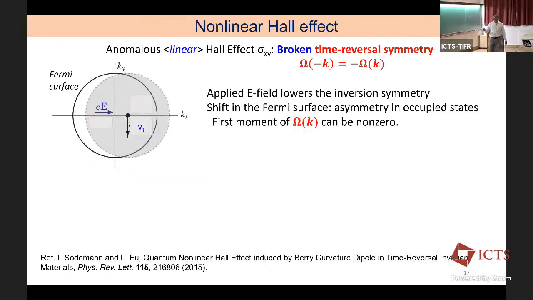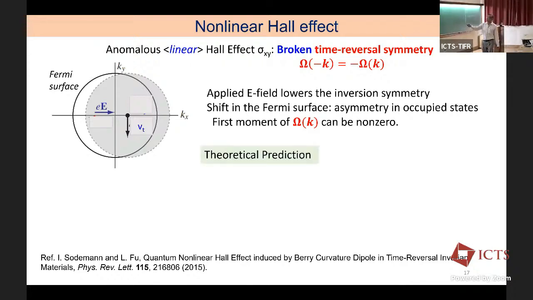So let me go to nonlinear Hall effect now, which has a weaker restriction of symmetry, being a nonlinear effect. Basically, it's related to the anomalous Hall effect, but in this case, broken time reversal symmetry is not needed. If you apply electric field, the Fermi surface in the semi-classical picture of electronic motion shifts along the direction of electric field, and that introduces asymmetry in the distribution of electrons occupying various electronic states in reciprocal space.